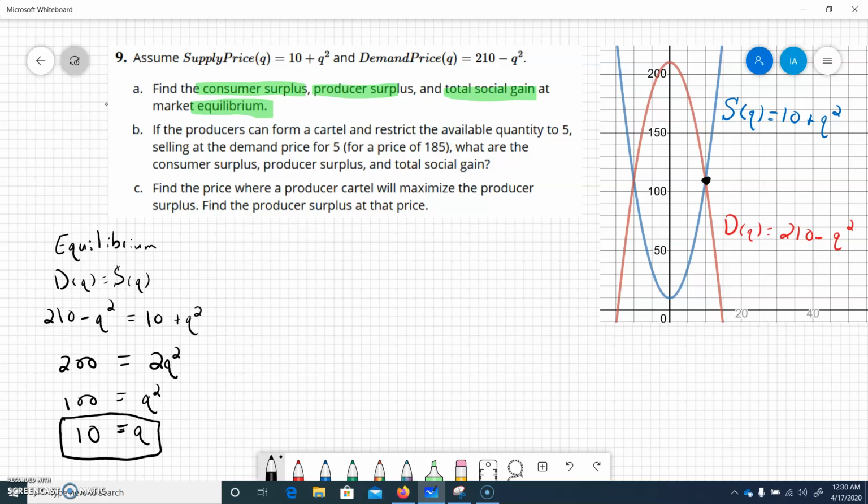So we can come over here and we know that q or x is 10. And then if we want to go back, we can put it in either one. We can put 10 in the supply, which will be 10 plus 10 squared, which will be 110.